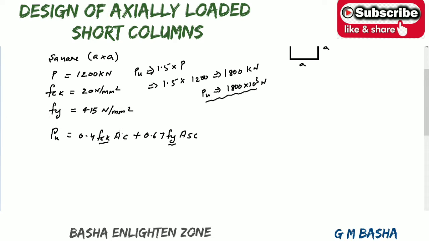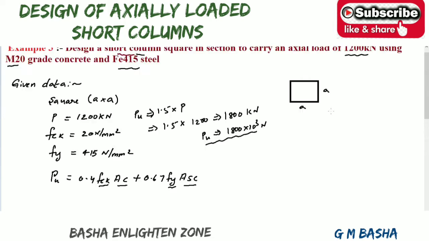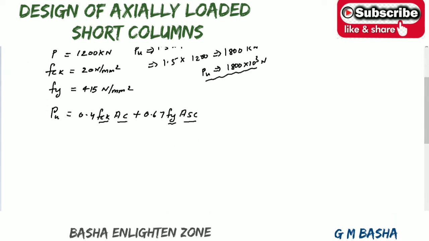Then here there will be the area of concrete, Ac, and the area of steel, Asc. Assume this is the cross section of the column, which is square.